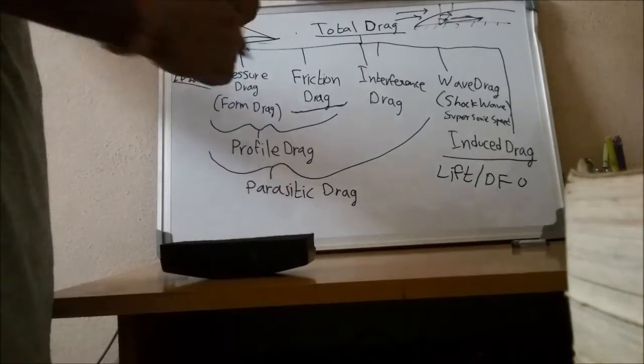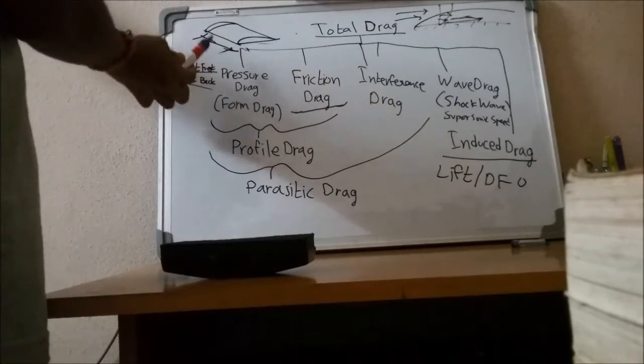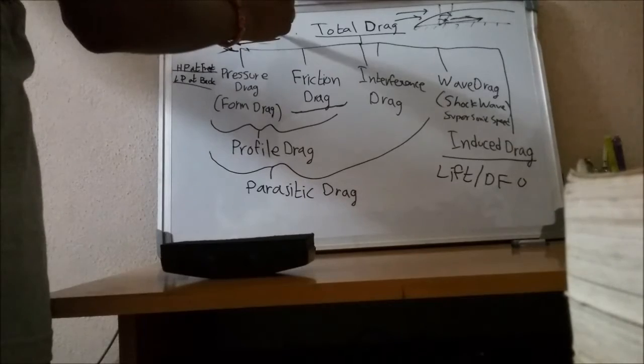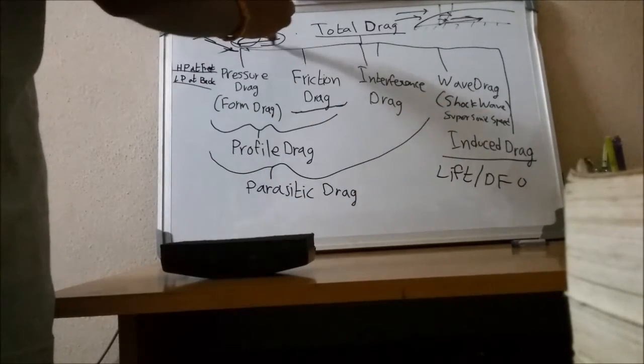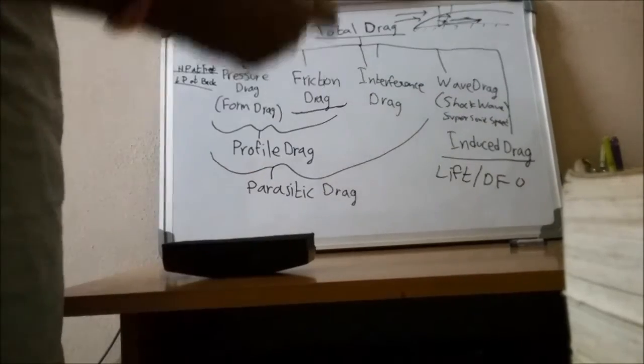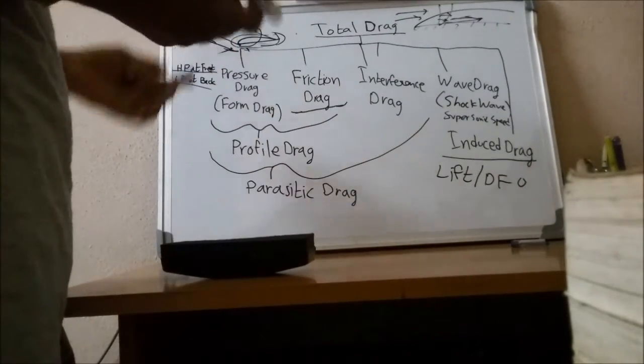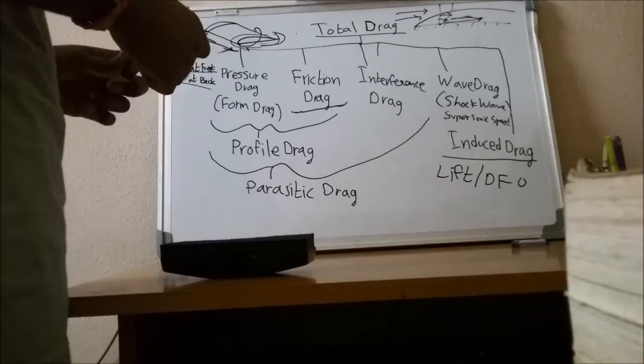So what happens is that at this critical edge or the tip, you will have vortices. You can study this anywhere. This is known as wingtip vortices.